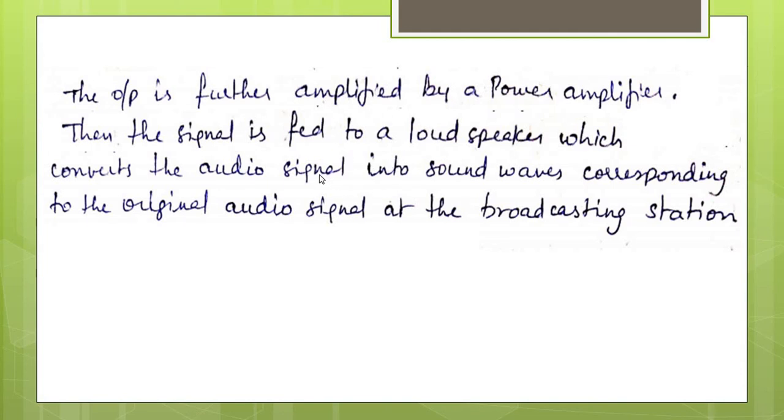And finally we have a loudspeaker, which is an output transducer which converts the electrical form of the message signal into the audio signal or the sound signal, which we are able to listen to in the radio receivers. So these are all the blocks in the super heterodyne receiver.